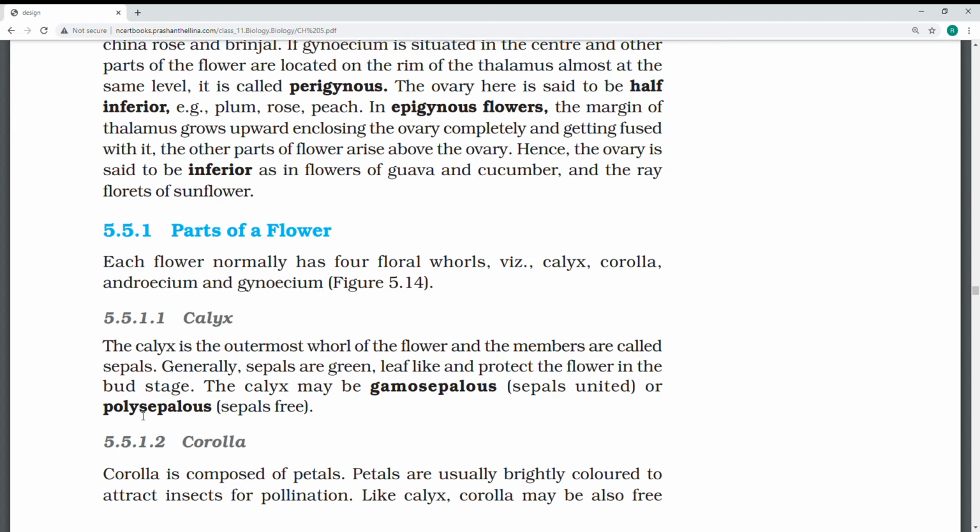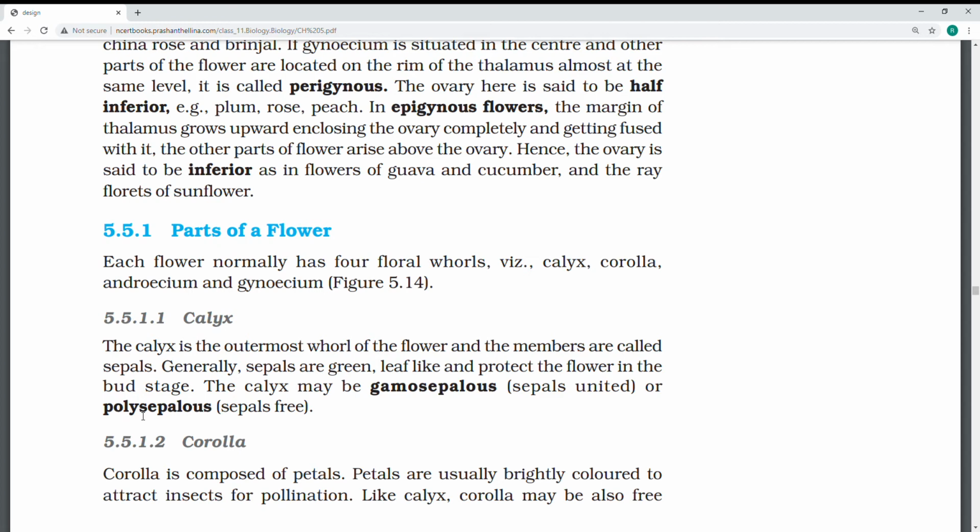In detail, the outermost whorl is the calyx, which is green in color most of the time and protects the bud when it is in the budding condition. When the sepals are united, like in hibiscus, they are called gamosepalous.